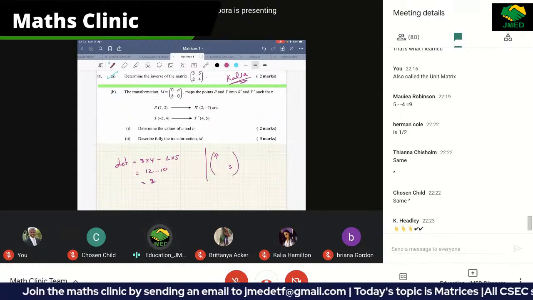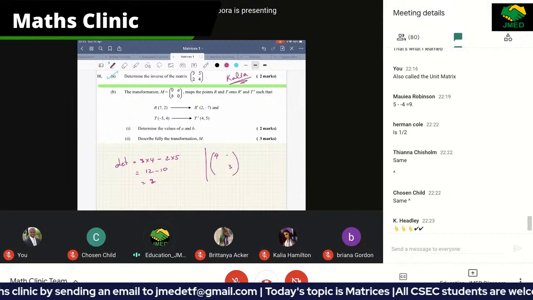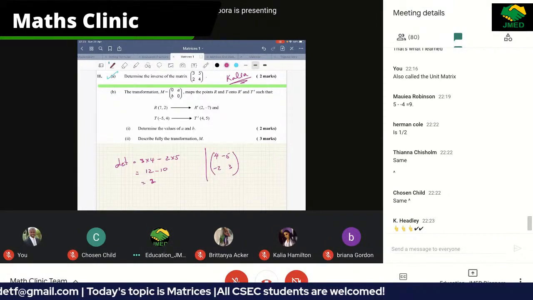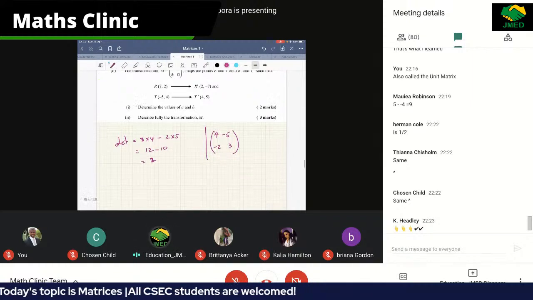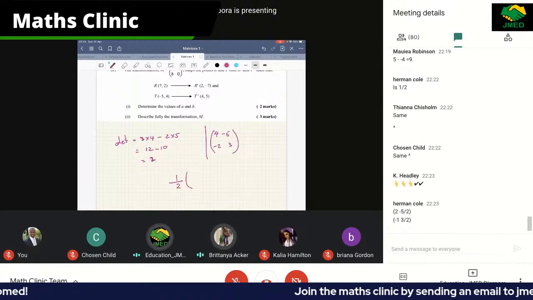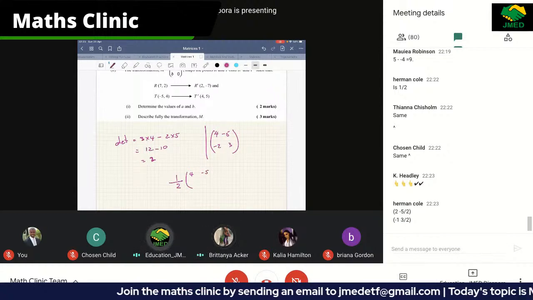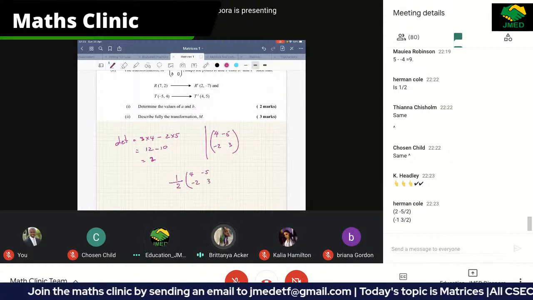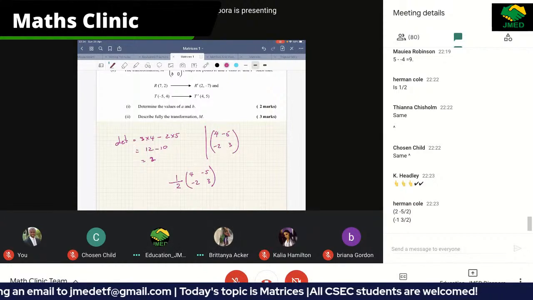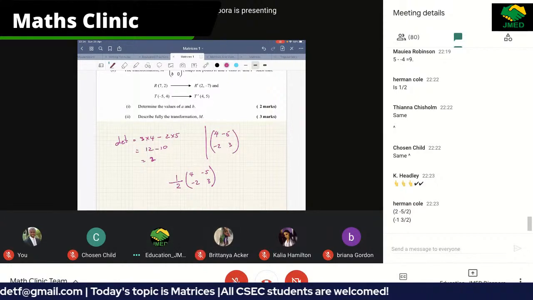And then I'm going to change the sign of the minor, which is -5, -2. So that's the adjoint. And so the inverse now becomes 1 over the determinant times 4, -5, -2. Okay? Are we good with that?